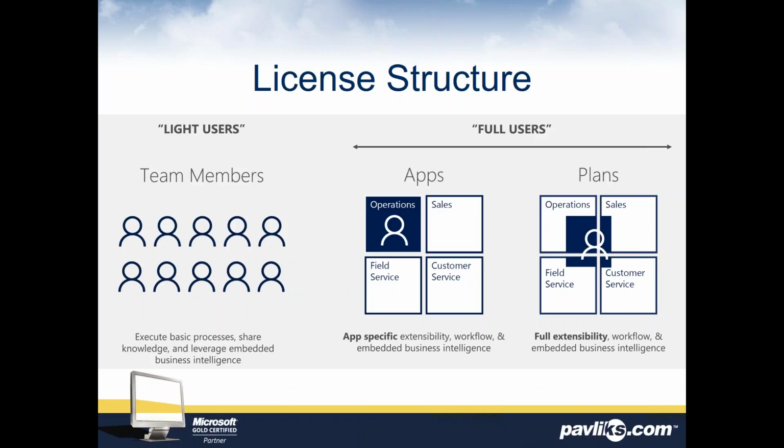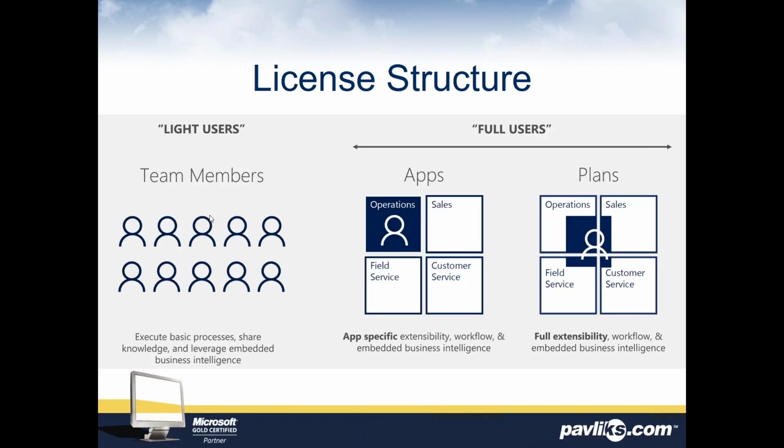When I talked about the concept of apps and plans: apps are for when you've got a person who fits into a nice little box where they just need to work within a certain box of functionality. Let's say it's sales, so you just buy them the app. When a person needs to access functionality across multiple apps, consider getting them a plan. That way they can access functionality that exists in any app available within the 365 platform.